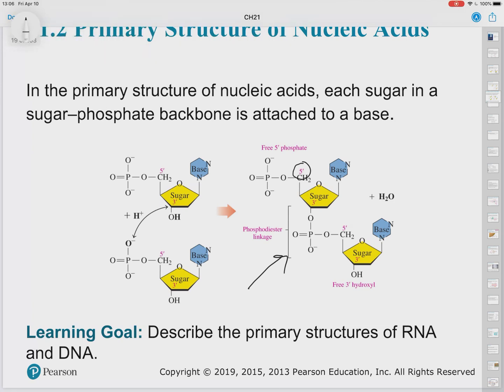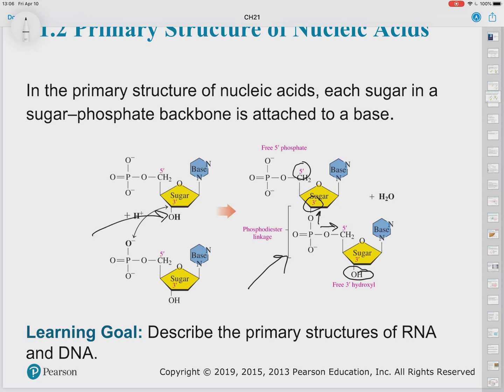We've talked about that one before. And so here you can see the 5' end of this sugar, the 3' end of this sugar. This is the 3' end down here. And we've already seen that there's a bond that's taken place. We've got a phosphodiester bond.